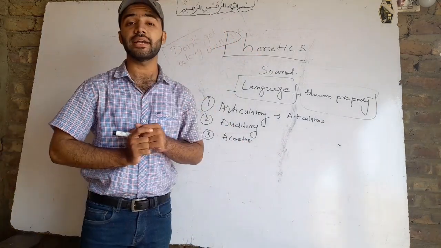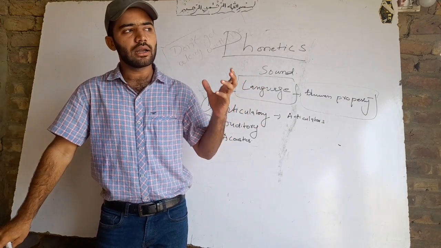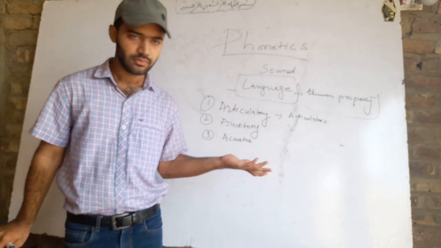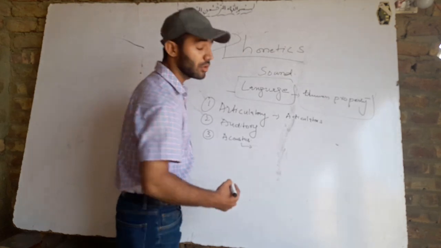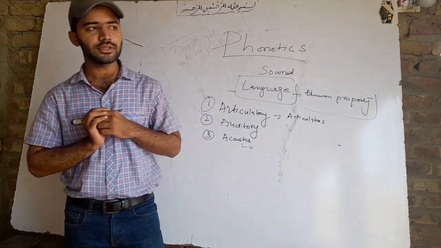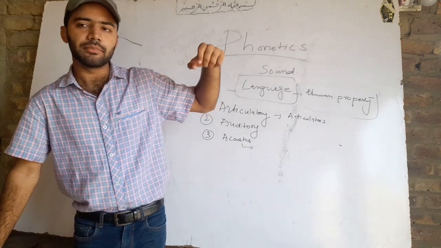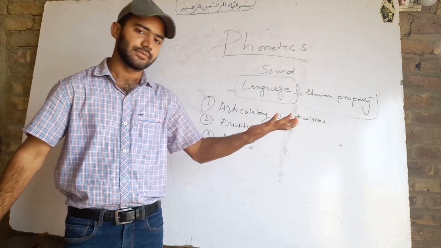And in auditory phonetics, we study those organs or muscles that are involved in receiving or perceiving the sound, for example, the ear. And the third one is acoustics, where we study the medium. If I produce a sound and there is a listener also, then definitely we will require a medium for the sound to pass from the speaker to the listener.